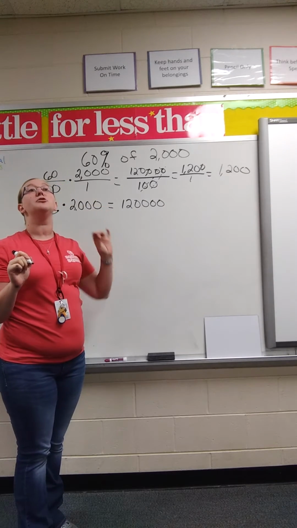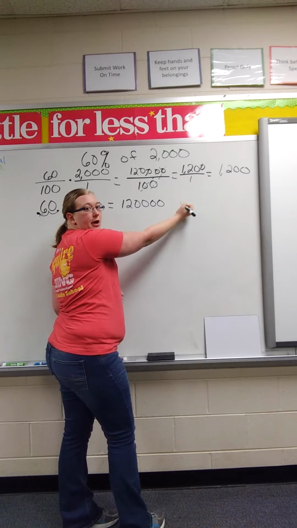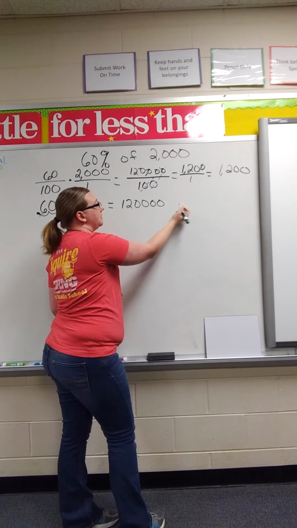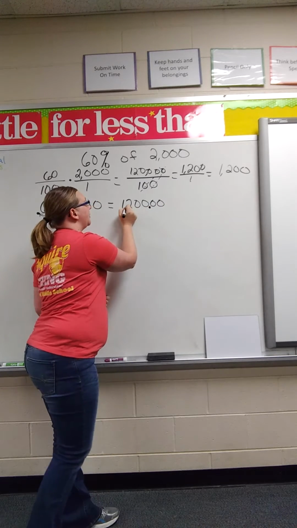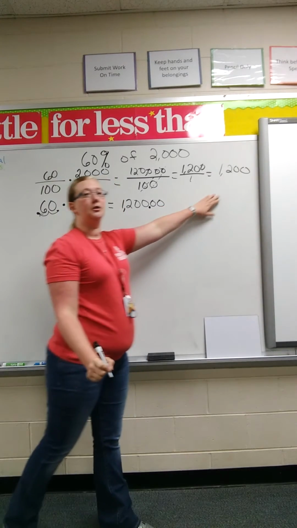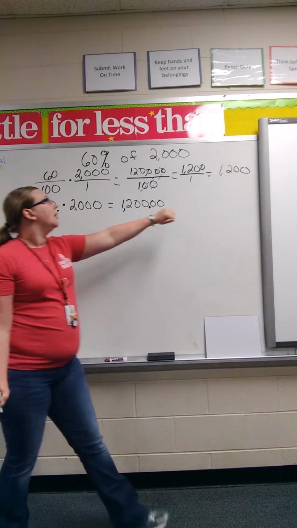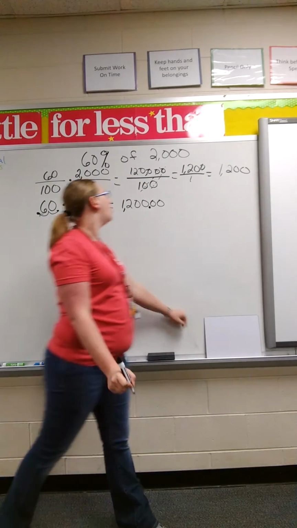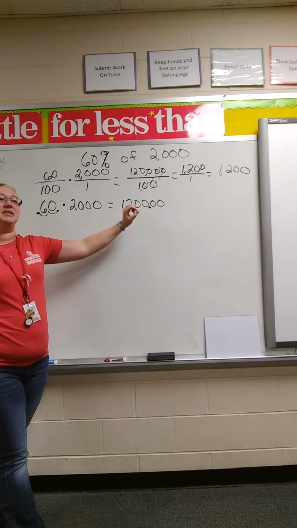When I add those 2 decimal places, I start at the end, so the lowest place value, which would be 1s. 1, 2. So I end up with 1,200. I think I said that as 12,000 the first time, and I apologize. 1,200, 1,200. Both ways get us to the same answer.